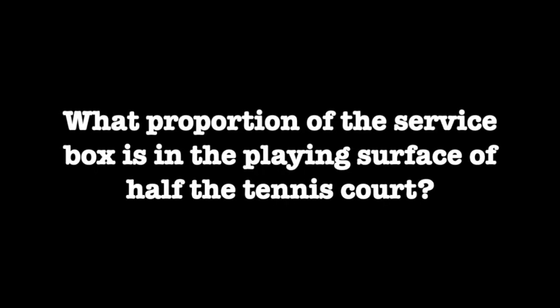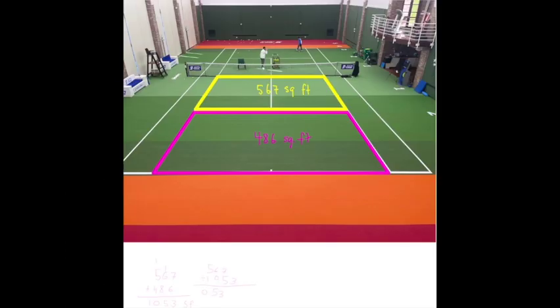What proportion of the service box is in the playing surface of half the tennis court? What is the total area of the singles tennis court on one side? 567 plus 480. Great. You want to write that down? So what did we just calculate?